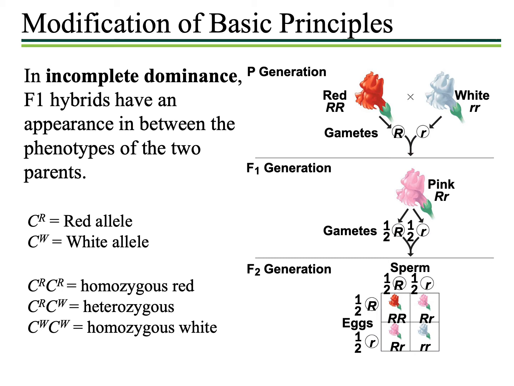So the key to understand what is happening in this modification in phenotypic outcome is what's happening biochemically in these individuals. It turns out that the white allele is actually a mutation that doesn't allow for any pigment to be produced.